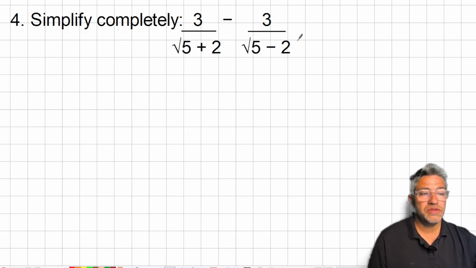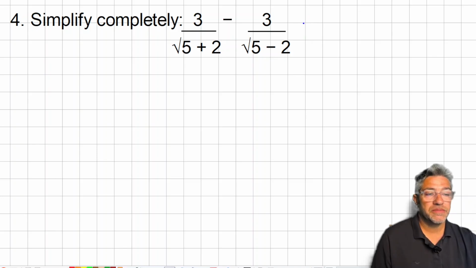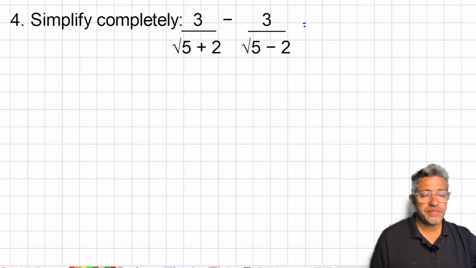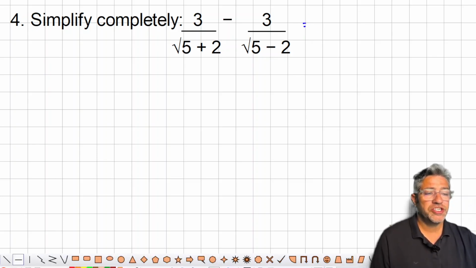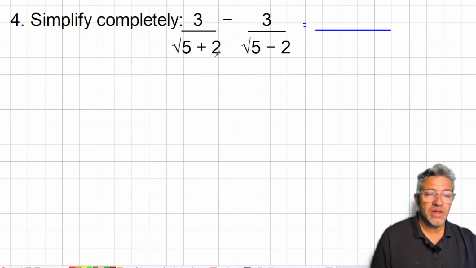So, if I draw my fraction line ready, my common denominator I will achieve by multiplying the two denominators together. So that'll be root 5 plus 2 multiplied by root 5 minus 2.